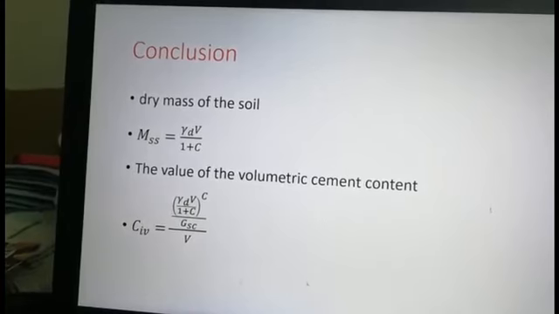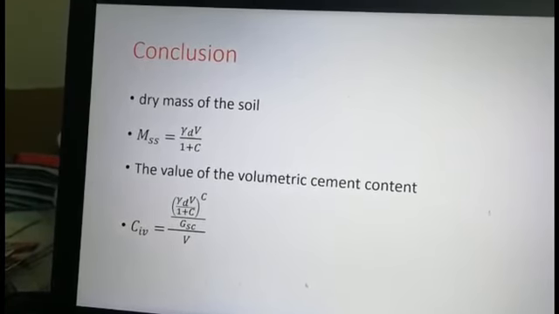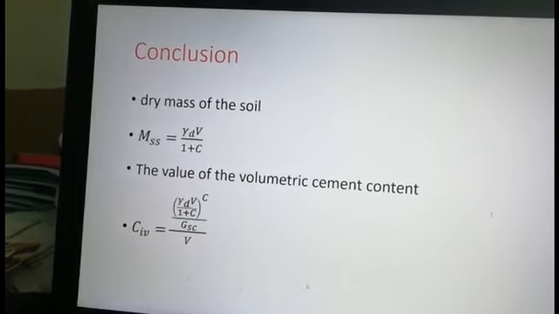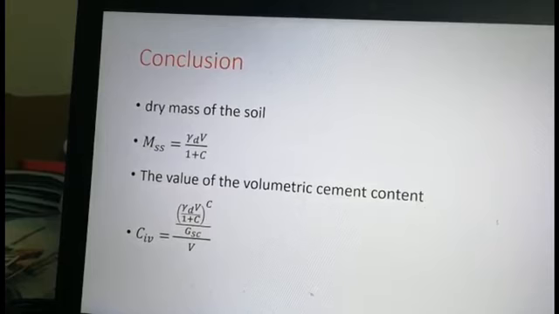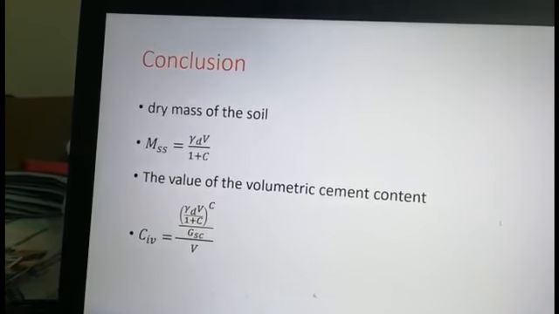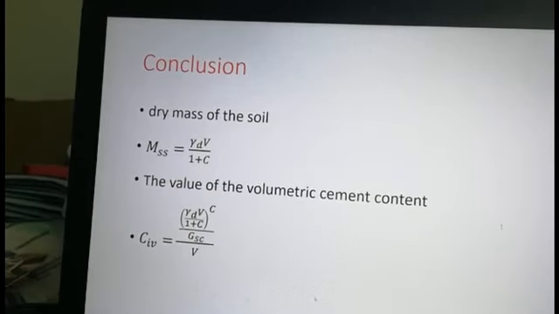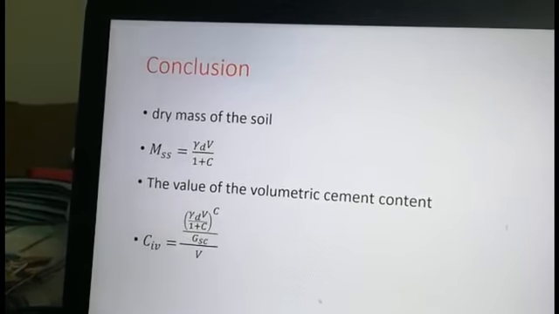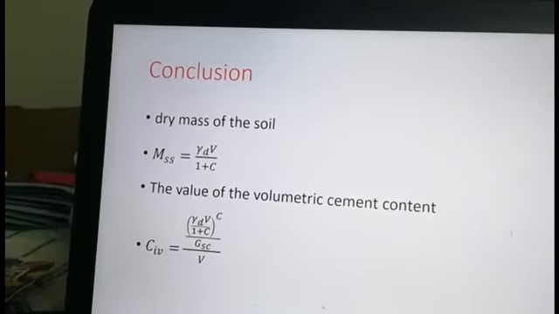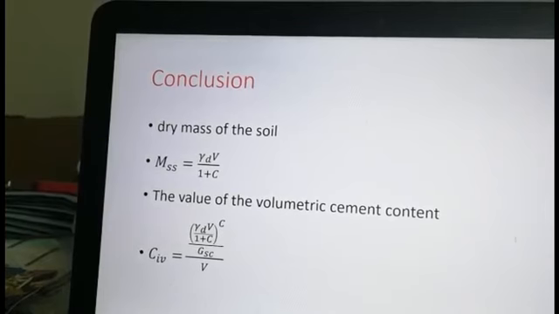Option 1, 5% of the cement content for reaching the requirement of the unconfined compressive strength with the porosity cement ratio of 29. The dry unit weight for this option is 17.